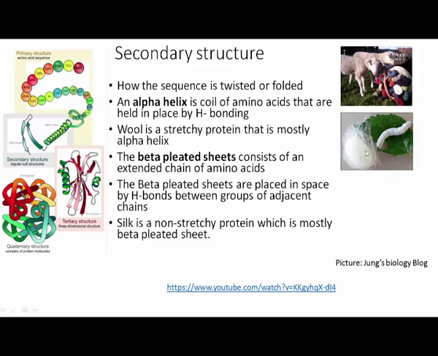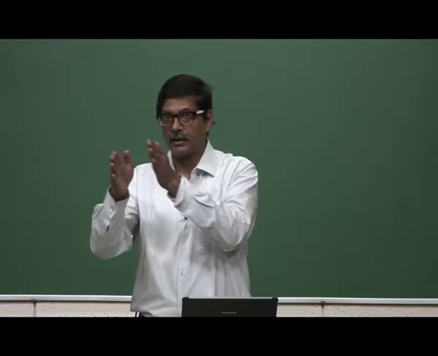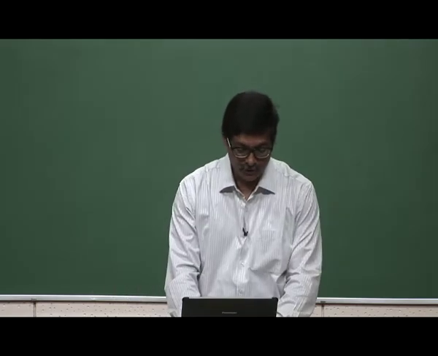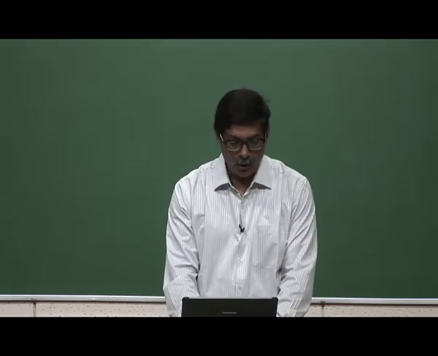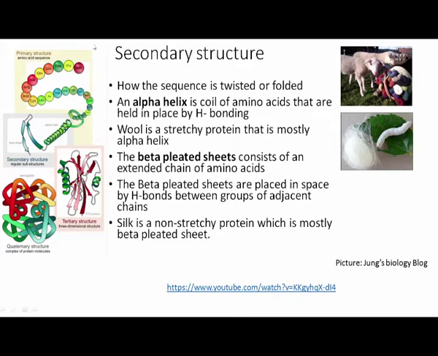This is formed by this kind of structure, where the amino acid sequences are laid against each other in flat, ribbon-like sequences. Then you can have a whole lot of these sequences combined in some other proteins. For example, here is one protein which is shown.